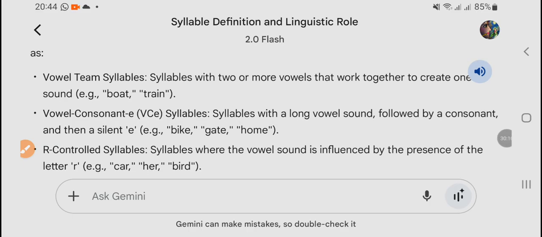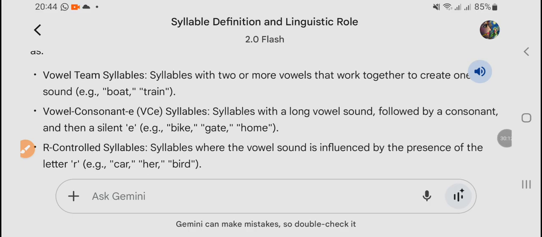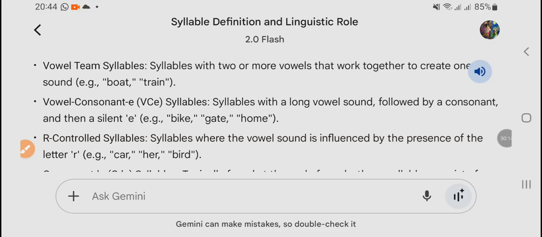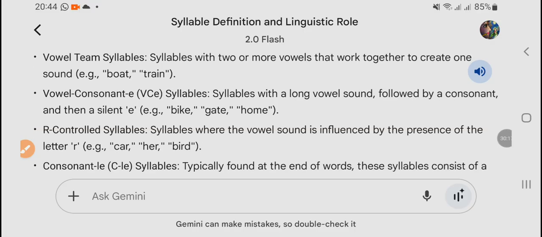Now, there are also other classifications based on vowel sound and surrounding consonants, such as the vowel team syllable. Vowel team syllable: syllables with two or more vowels that work together to create one sound. Right?